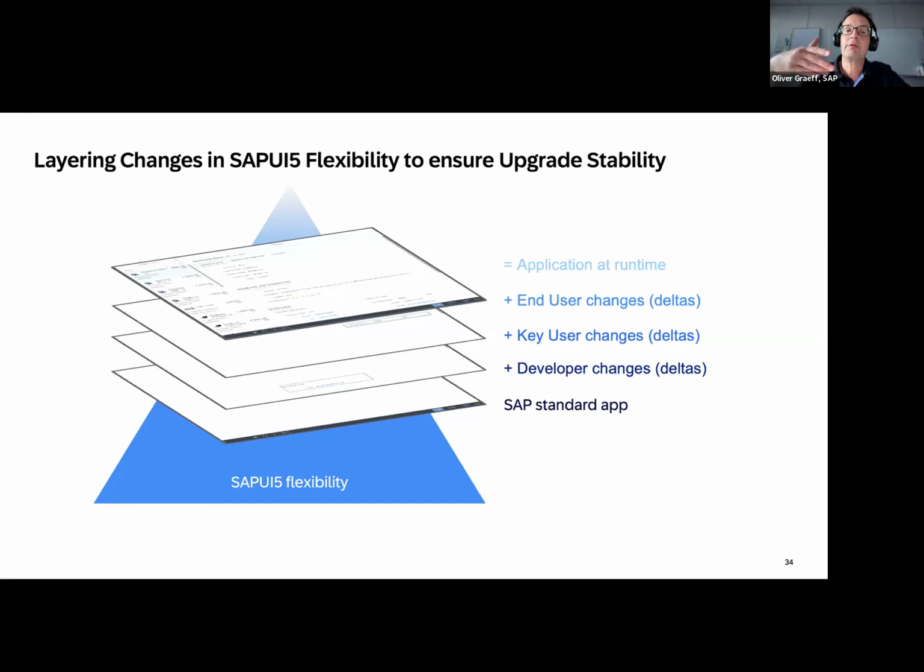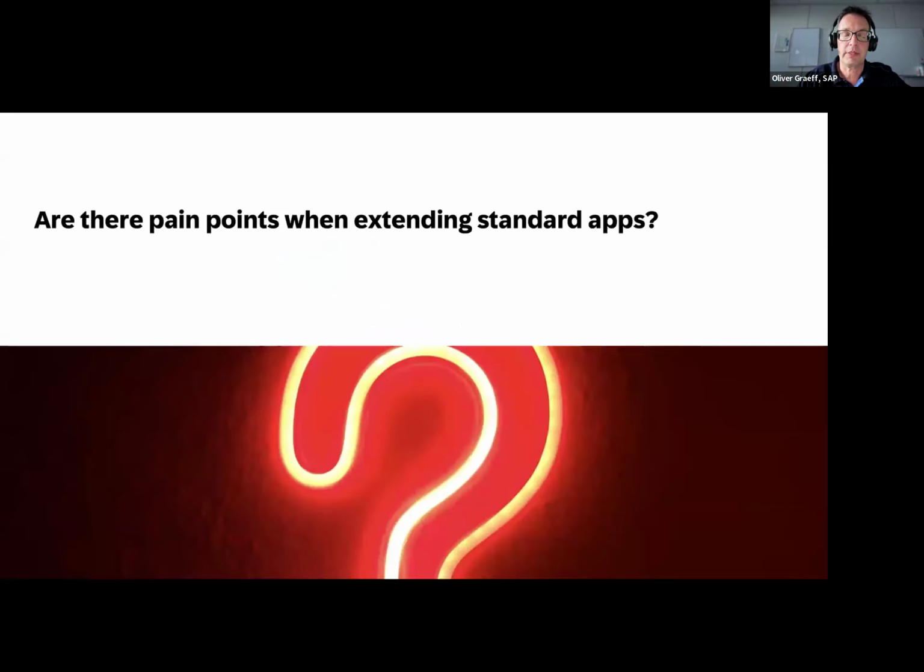So SAP UI5 flexibility introduces a much safer environment for extensions, much more improved, and there's no predefined extension points needed. So you can do this anywhere just because it's UI5. No predefined extension point in each and every application needed. I think this is a big step forward as far as I can tell from my experience.